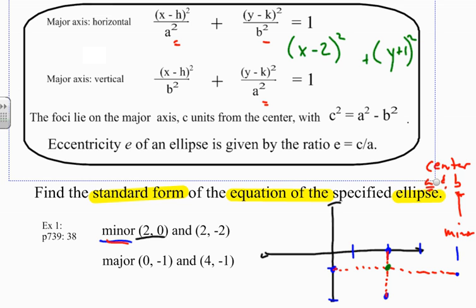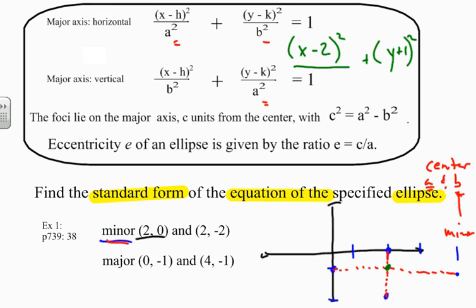From here, we're going to find our a values, set equal to 1. Our a value is the distance from the center to the vertices on the major axis. This a value is the same on both sides. You can see this distance is 1, 2, so a equals 2.